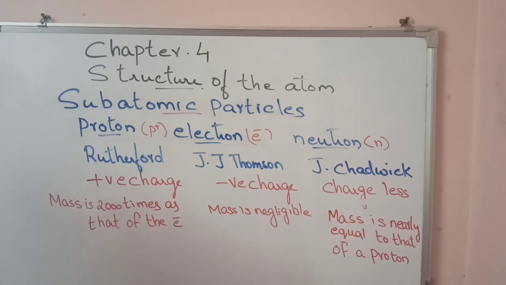Even before the electron was identified, E. Goldstein in 1886 discovered the presence of new radiations in a gas discharge and called them canal rays. These canal rays were positively charged radiations which ultimately led to the discovery of another subatomic particle called proton.